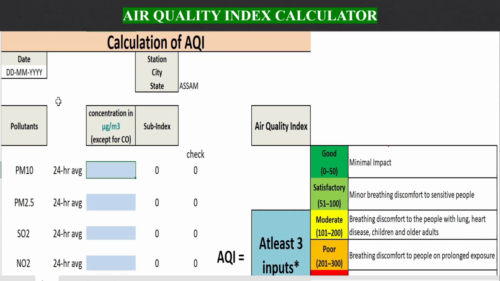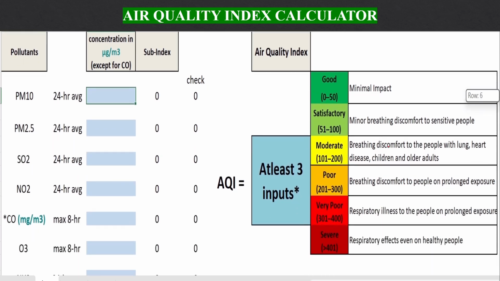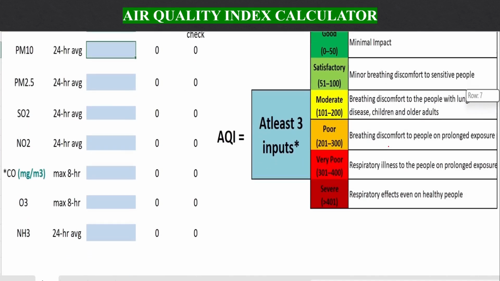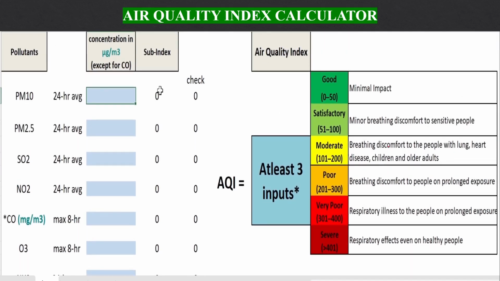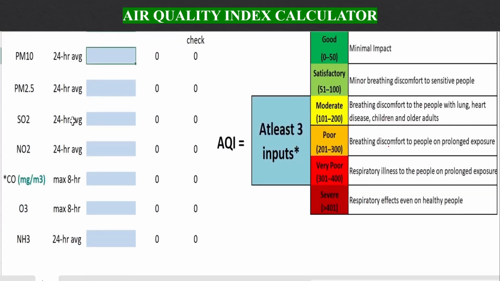So this is a calculator. You can select the date, station, city or state from where the air quality index is given. The pollutants are written here, and the concentration is in microgram per meter cube except for carbon monoxide, which is in milligram per meter cube, and at least 3 inputs are needed to run this calculator.